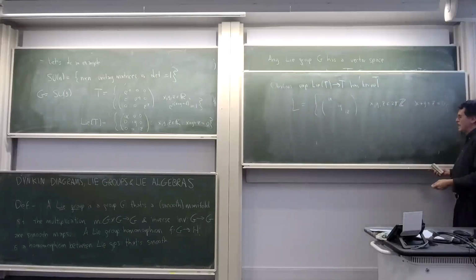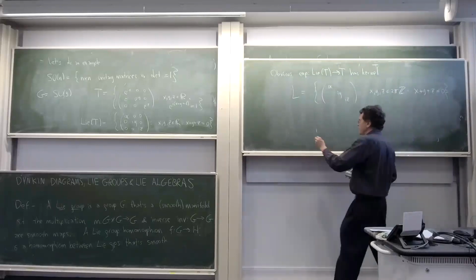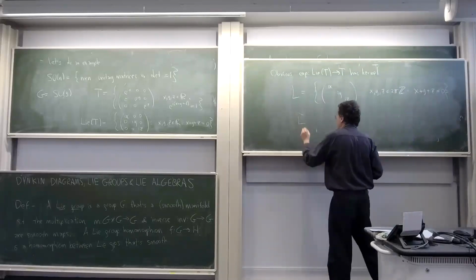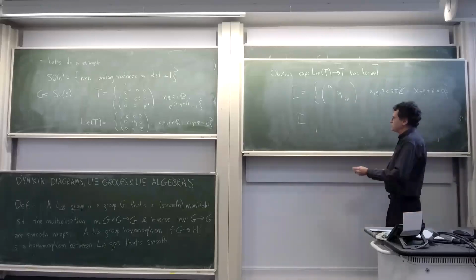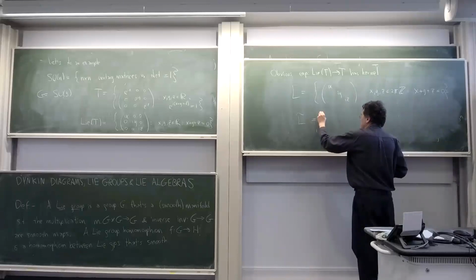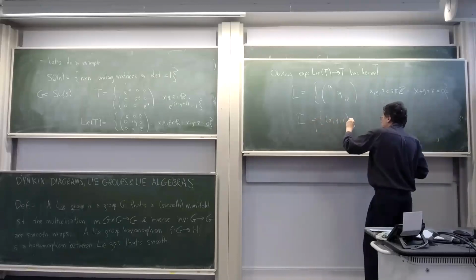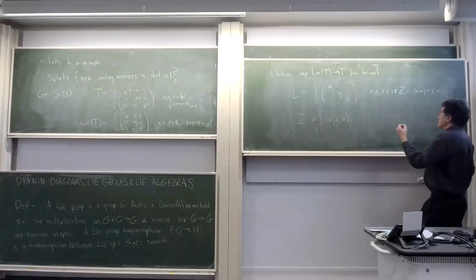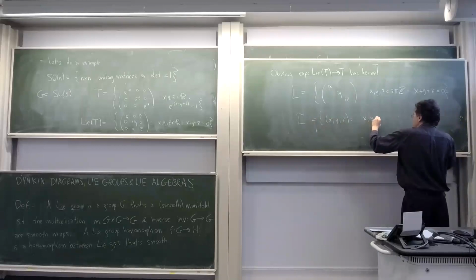So let's think about what this lattice actually looks like. This 2 pi is mildly annoying, and the fact that I'm writing these vectors x, y, z as a big fat matrix is also mildly annoying. So let's change our notation a little bit and just think about vectors such that x, y, and z are integers.